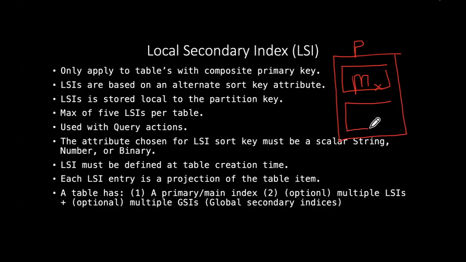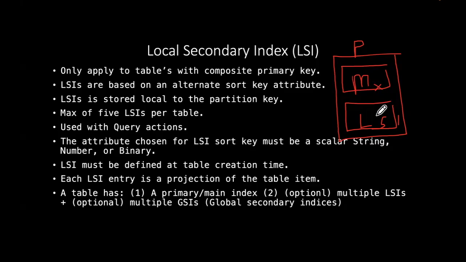Now, if you want a local secondary index for this table as well, then that local secondary index is going to be stored on the same partition, and the entries in this LSI will relate to the items that are in the main index.